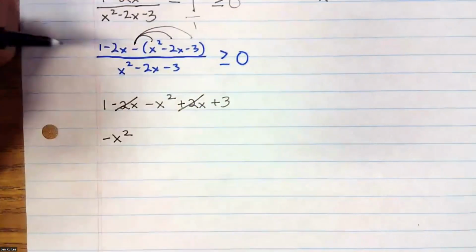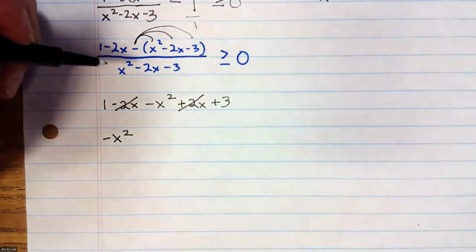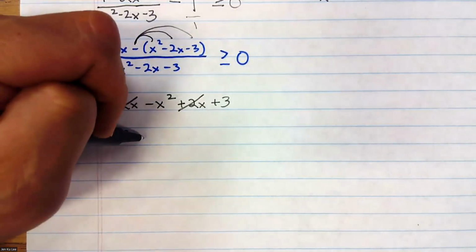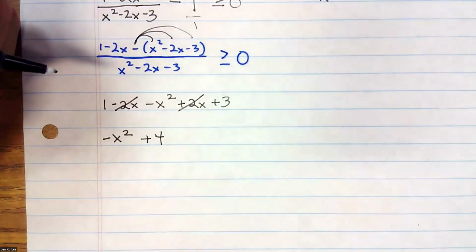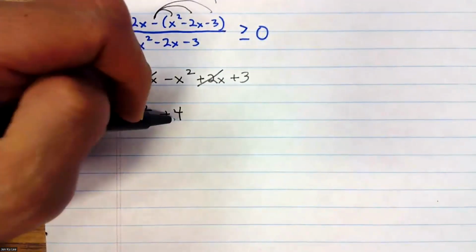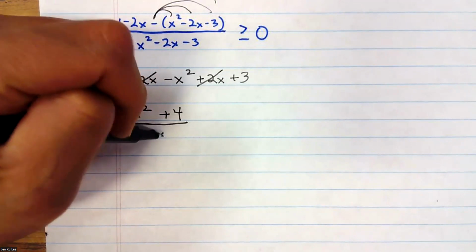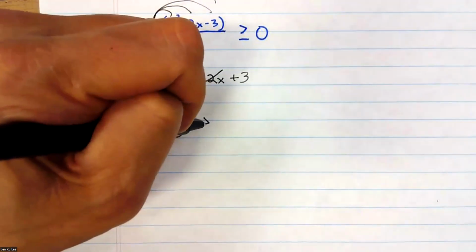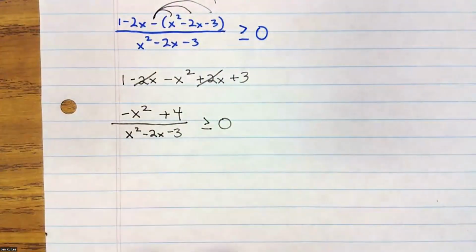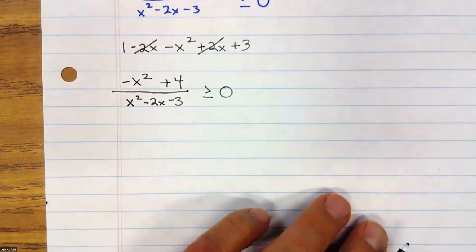These two would cancel out, and I have 1 plus 3, which is plus 4, all over x squared minus 2x minus 3 is greater than or equal to 0.